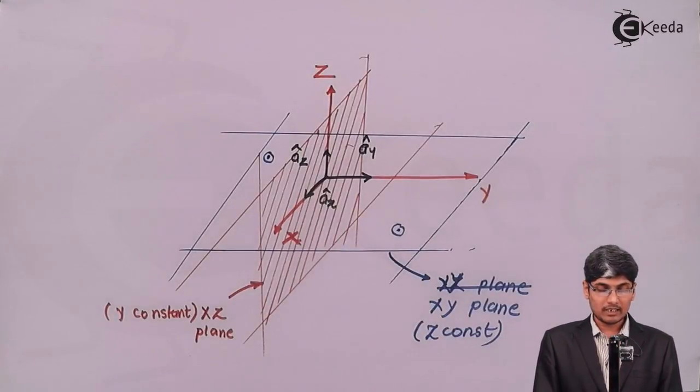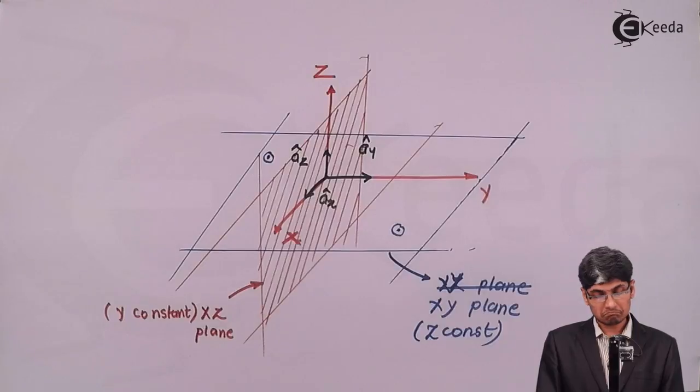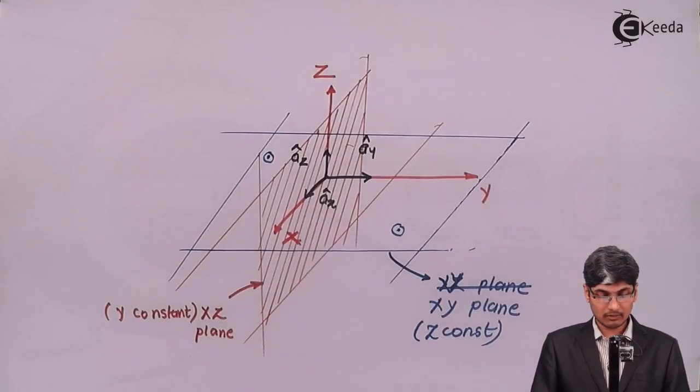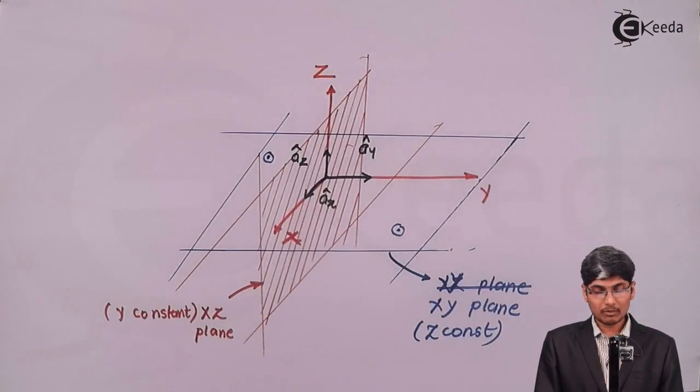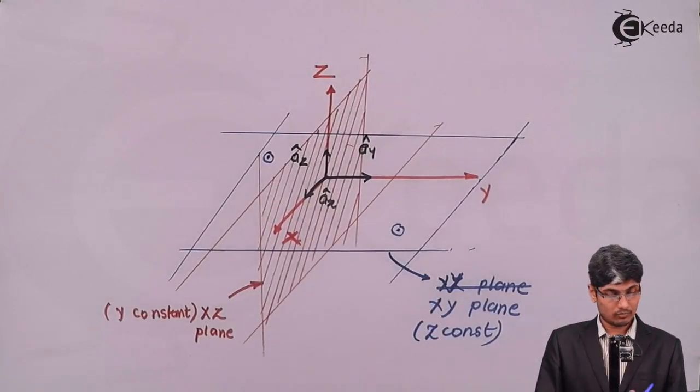Now the third plane is the YZ plane that I wanted to draw. In the YZ plane, X will be constant, and Y and Z are allowed to move.